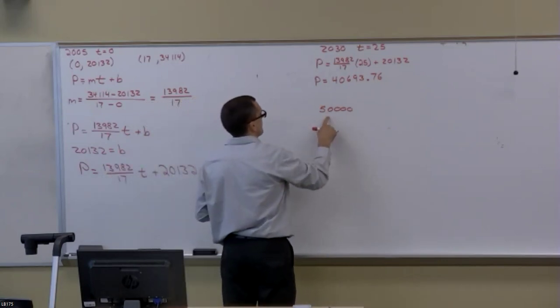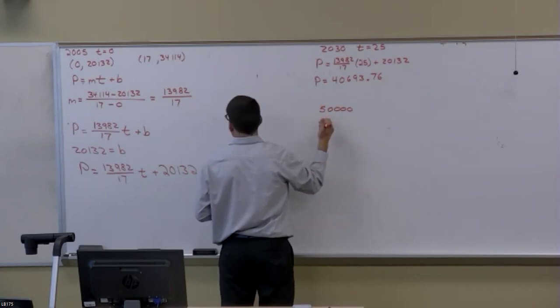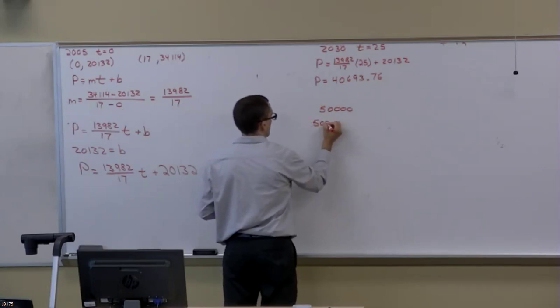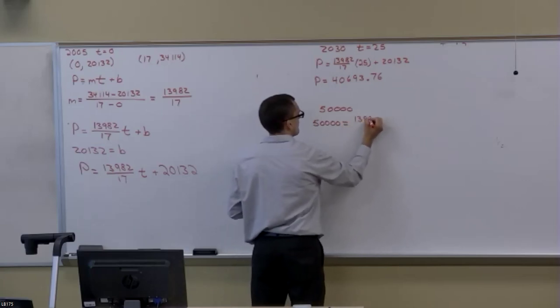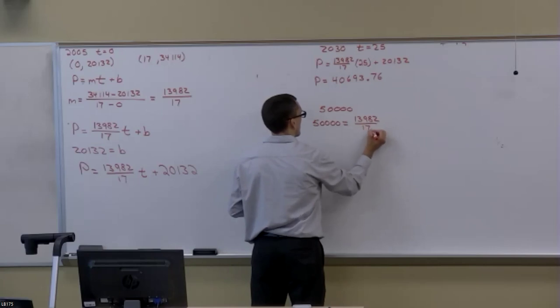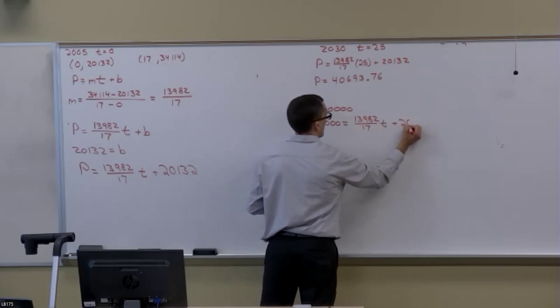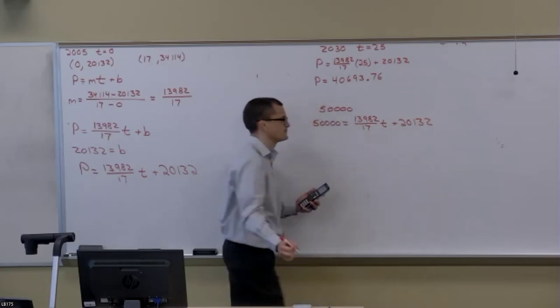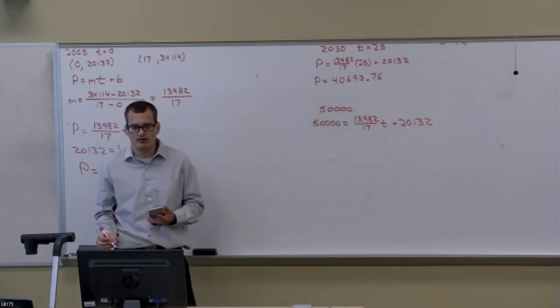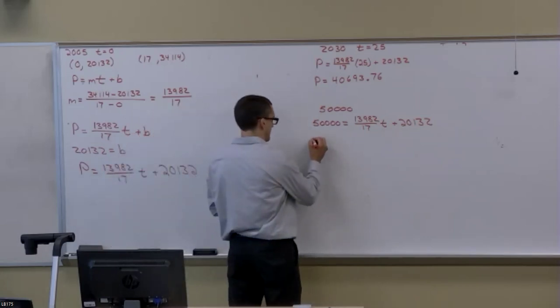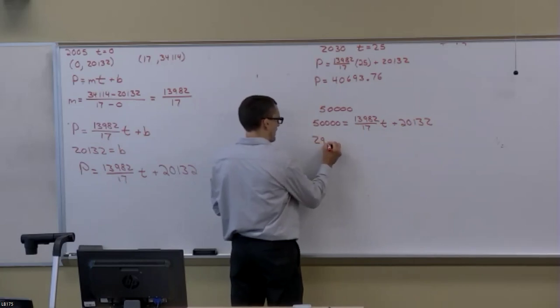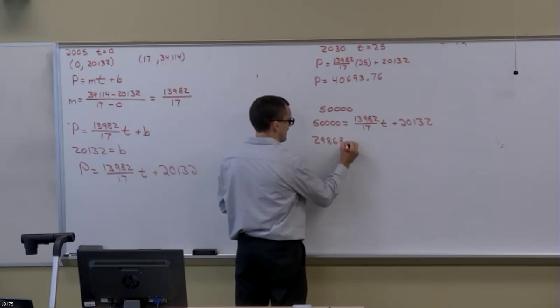And then if we said, when will the population be 50,000? We simply put in our 50,000 into the population and then solve. So I would take that 50,000, subtract 20,132. That gives me 29,868.